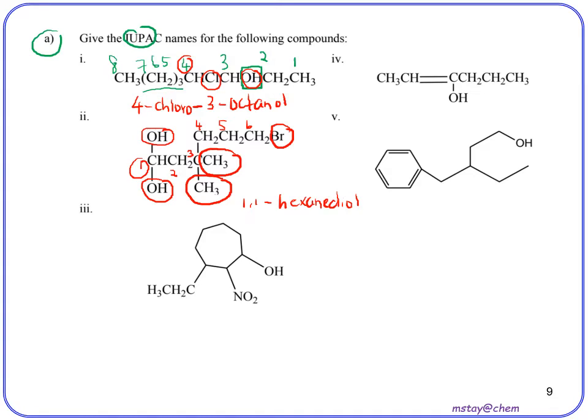When we consider alphabetical order, bromine and methyl, bromine comes first. So that's why it is known as 6-bromo, 3,3-dimethyl. Sorry, not 1,1, 3,3-dimethyl, 1,1-hexanediol.